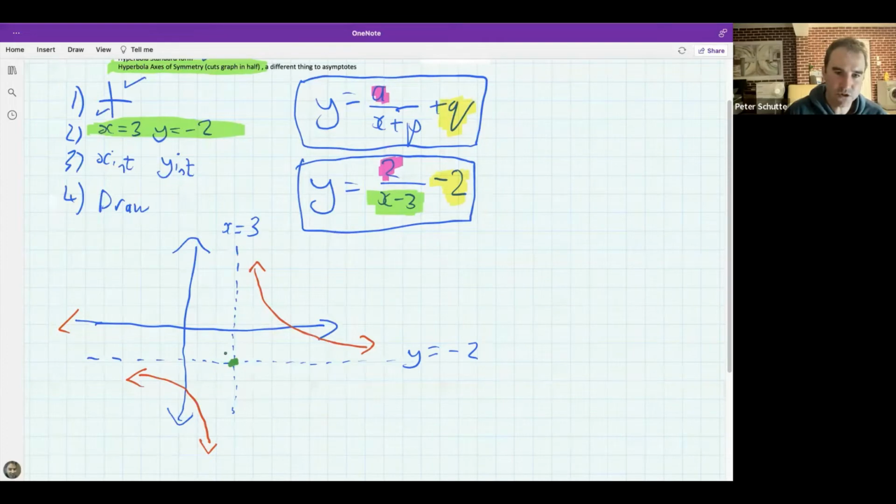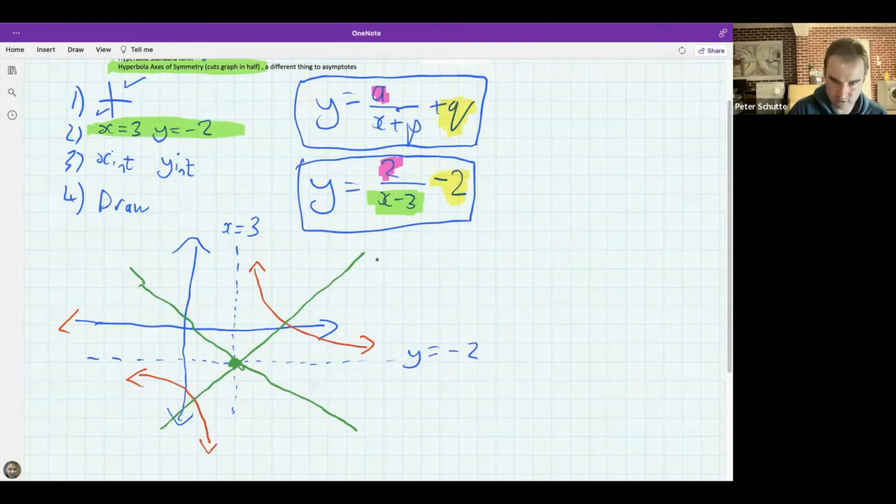The axis of symmetry is actually going to be a line that goes like this. That's the one axis of symmetry. It cuts it in half. And then the other axis of symmetry is going to look like that. So there are actually 2 axes of symmetry for a hyperbola.